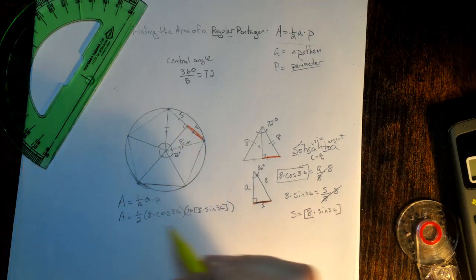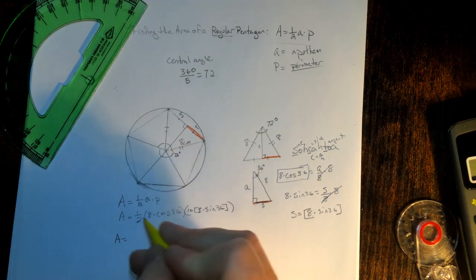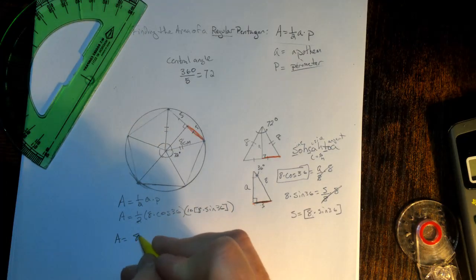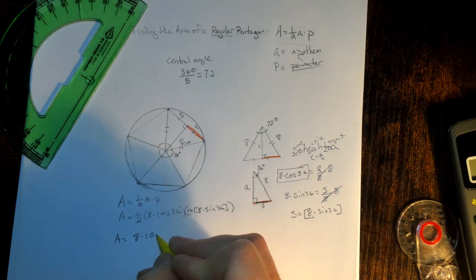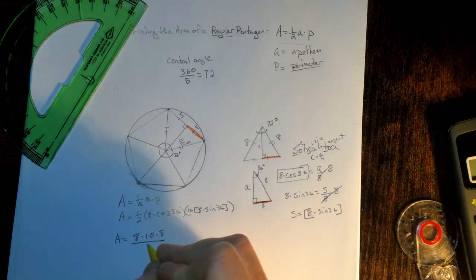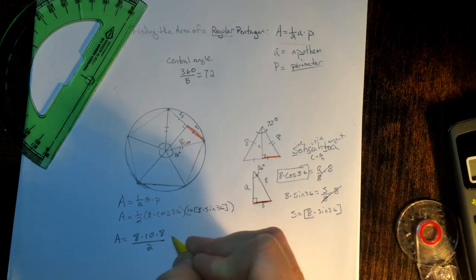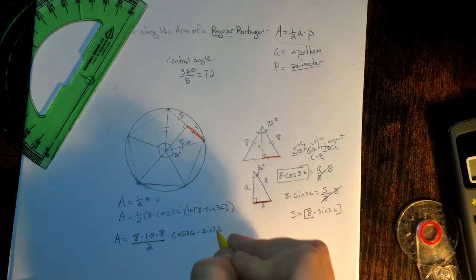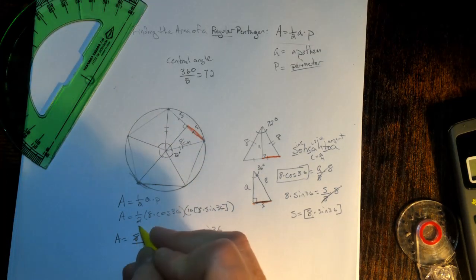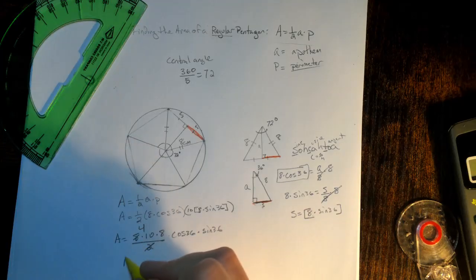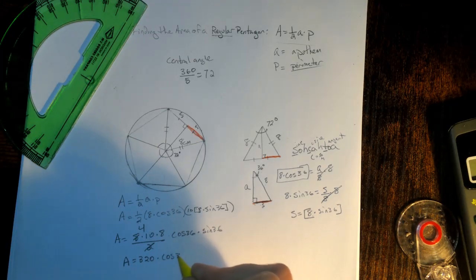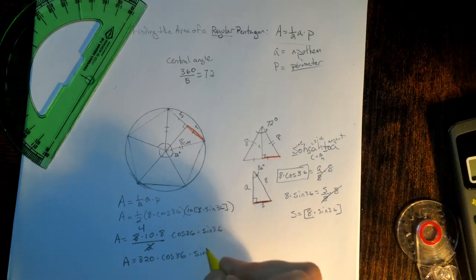I can group all the values without the trig functions. I'm going to say 8 times 10 times 8 divided by 2, and then times the cosine of 36 times the sine of 36. This can be simplified: I have 40 times 8, so I get 320 times the cosine of 36 times the sine of 36.